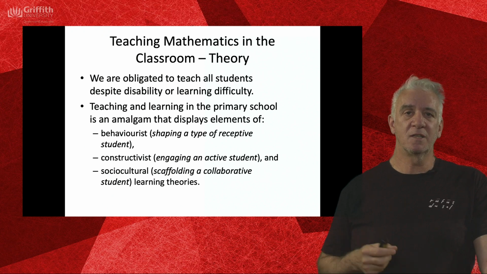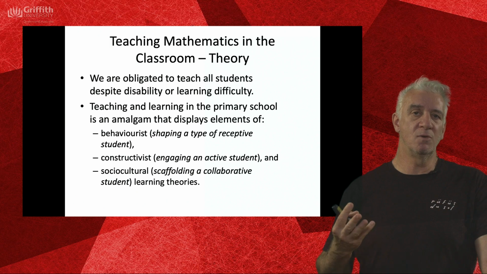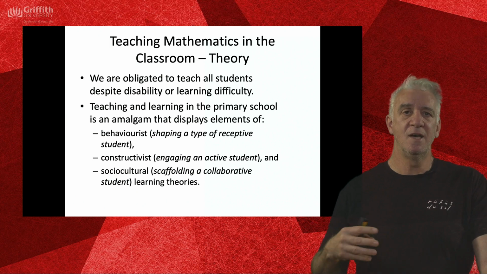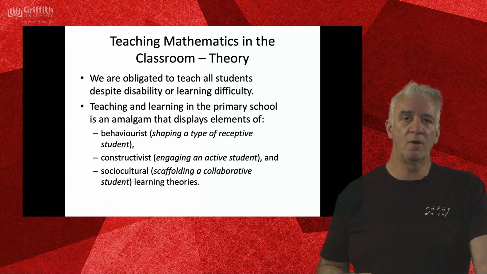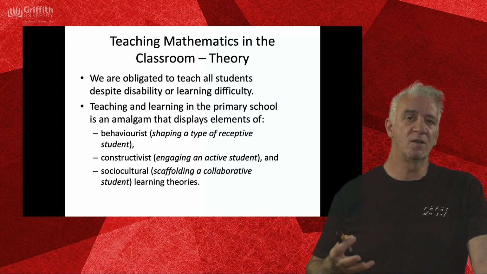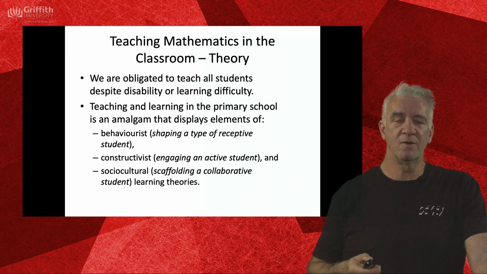The second one is a constructivist approach, where we get students to engage in something, and as the word sounds, they build their own knowledge. And then the third one is a sociocultural approach, which means scaffolding learning as students learn from the social environment that they're in. So learning is a social thing.